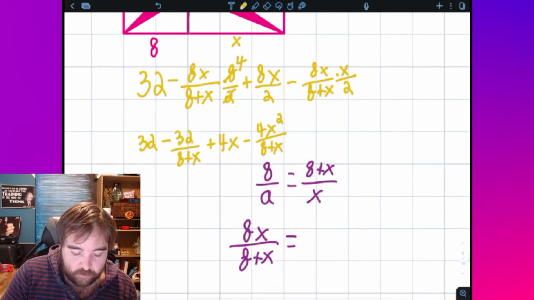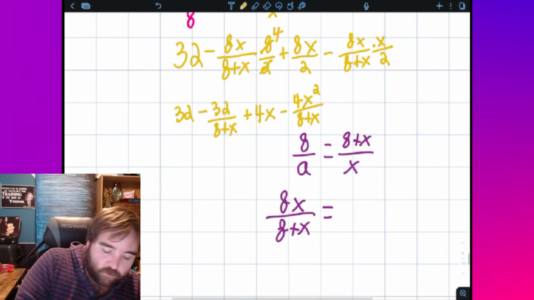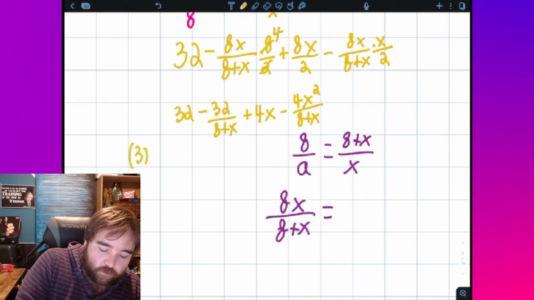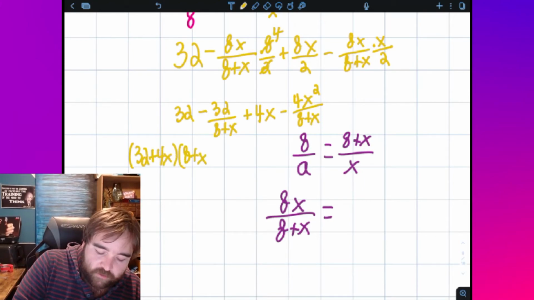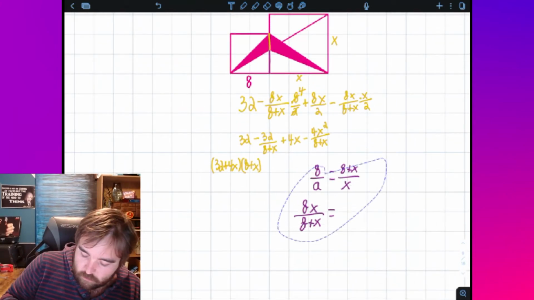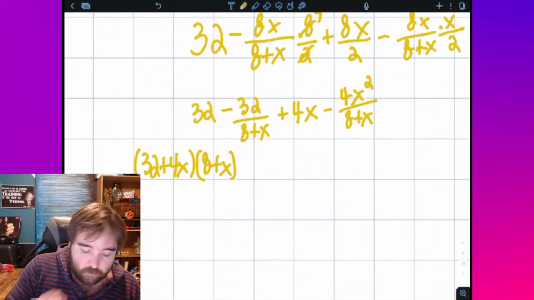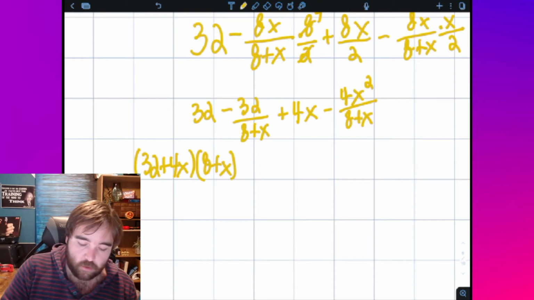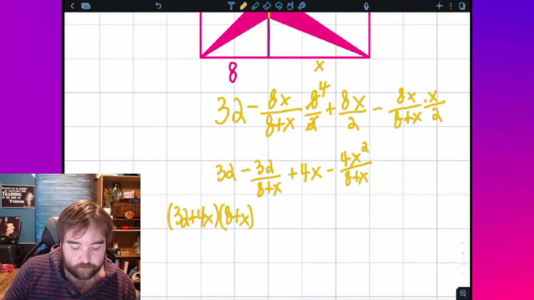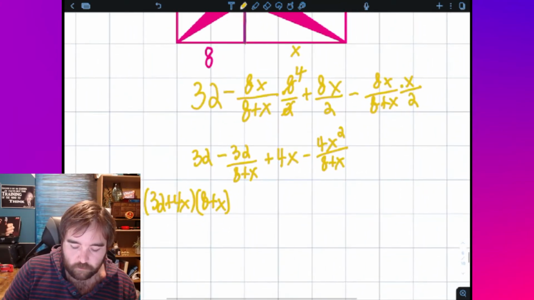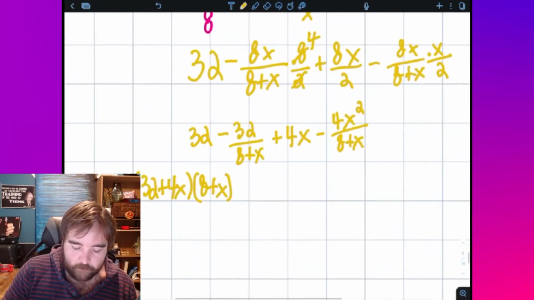So what we do now is we can combine things. So I'm going to go ahead and just try to combine everything at once. I'm going to say we got 32 plus 4x, and we're going to multiply that by 8 plus x. And then I'm going to have the other stuff.